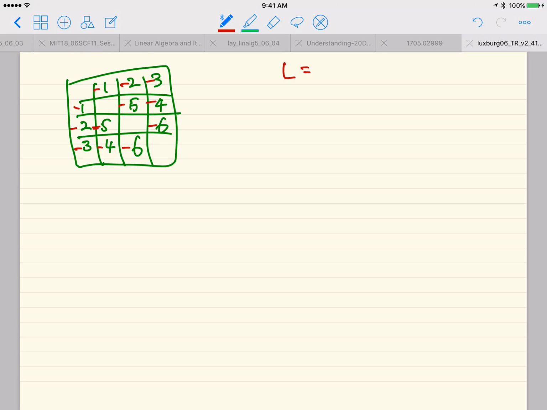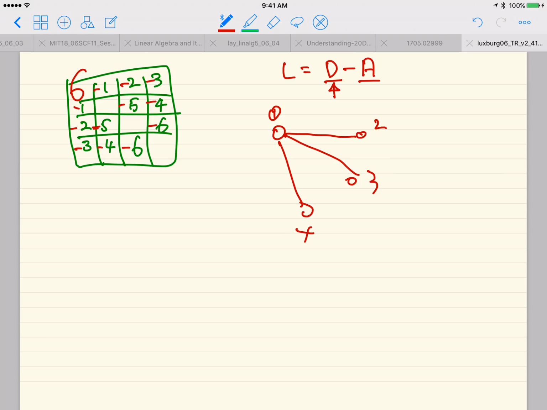By the definition, L is D minus A, and you know what the adjacency matrix A is. Then what was this D? It is 6. So we have node 1 and nodes 2, 3, 4, and the edge weights are 1, 2, 3, right?